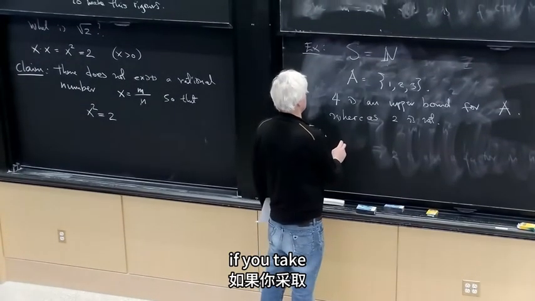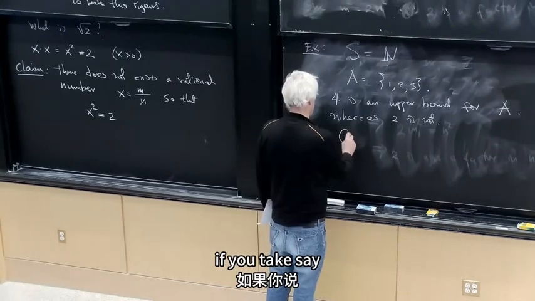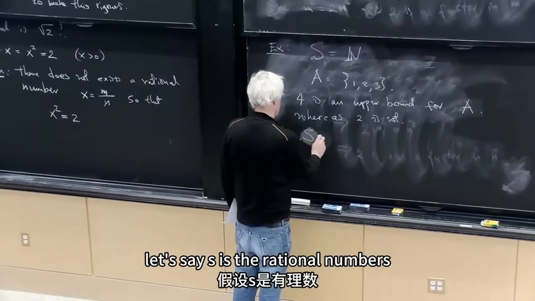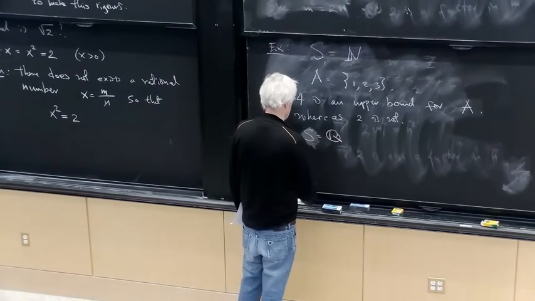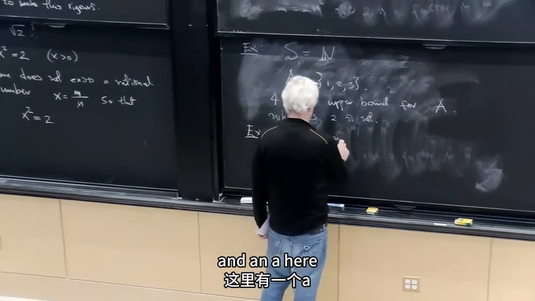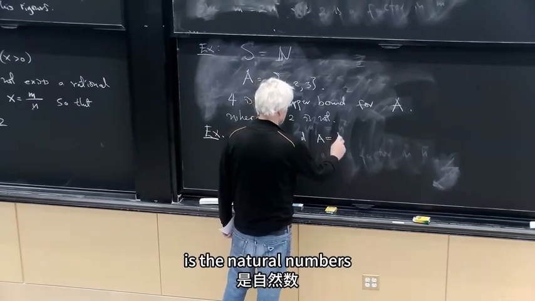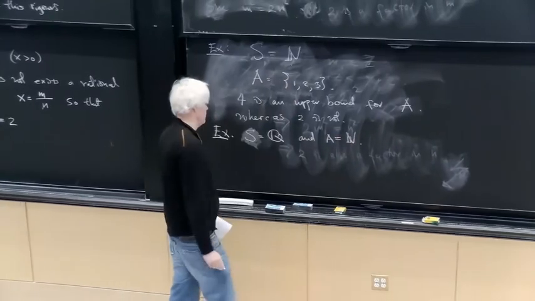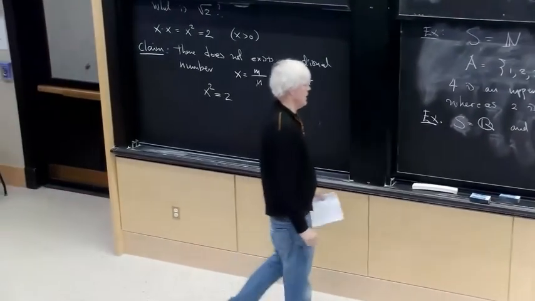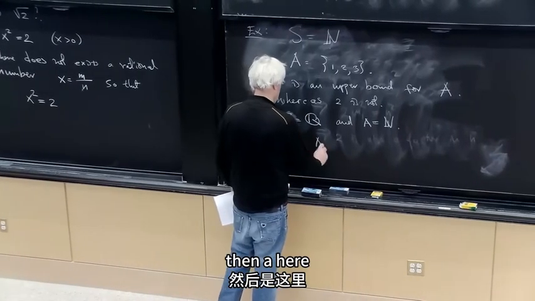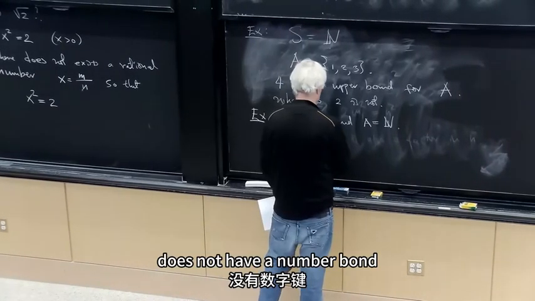Another example: if S is the rational numbers, and A is the natural numbers, then A does not have an upper bound.